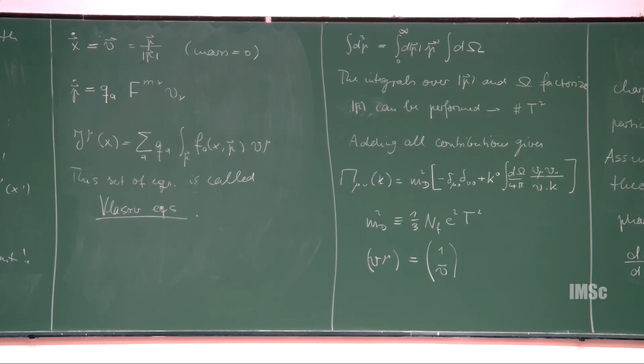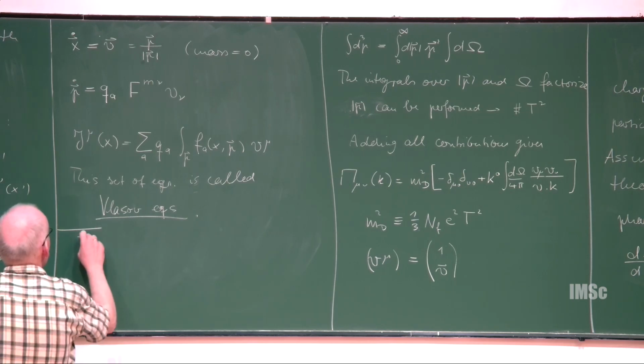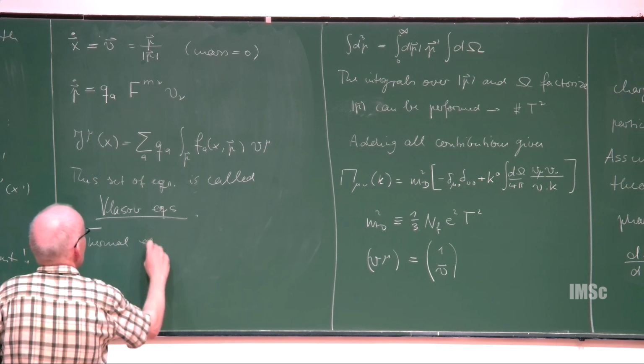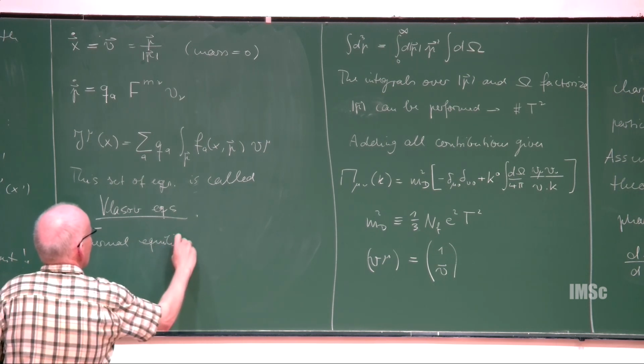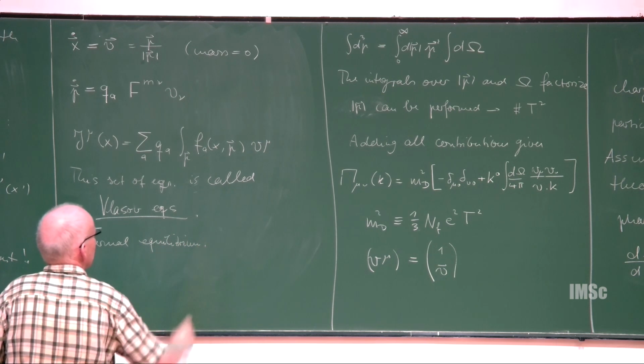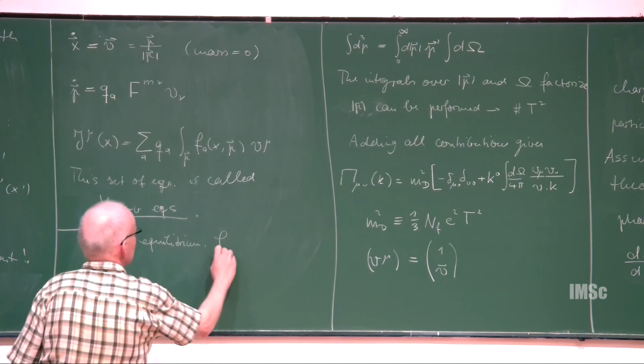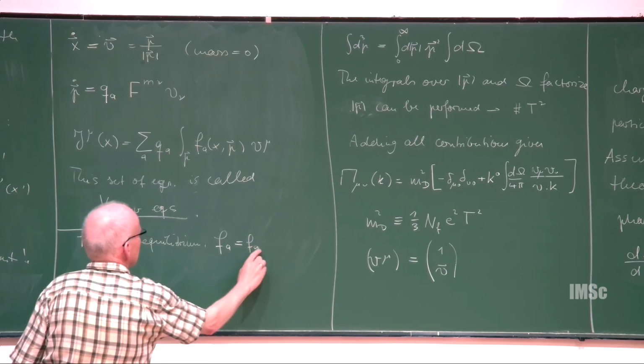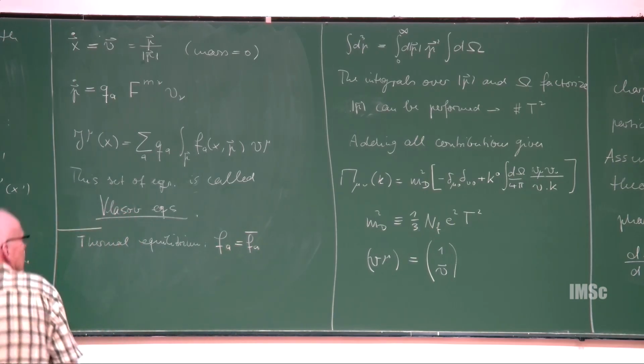Now we want to solve the Vlasov equations in the simple case that we are almost in thermal equilibrium. So what is thermal equilibrium? Then we have our phase space density equal to the equilibrium density, which I denote by f bar.